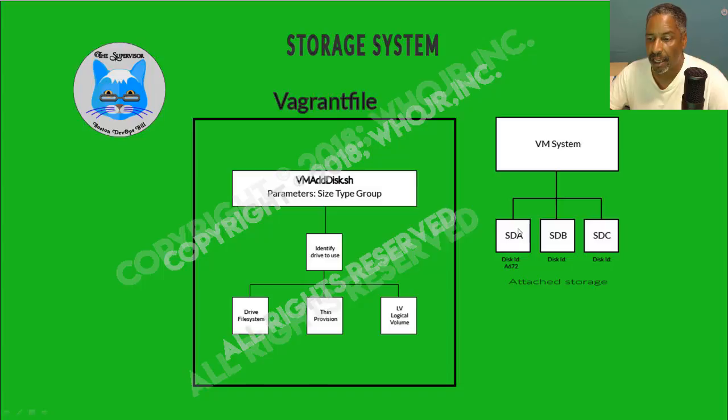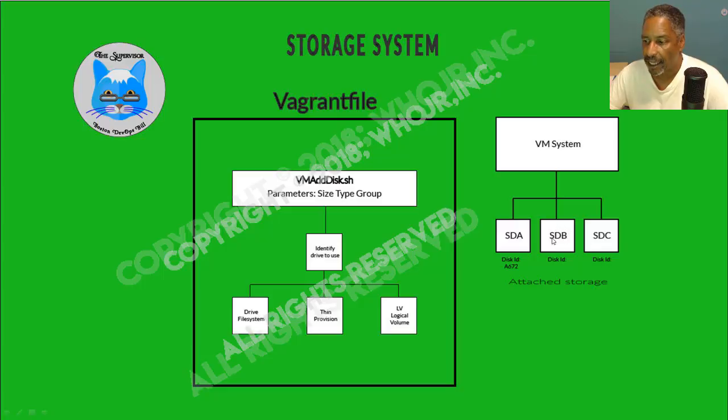Here in the example, I have SDA, SDB, and SDC. And we know SDA is in use because it has a disk identifier. We're going to check for that disk identifier to find out what drives are currently not in use.